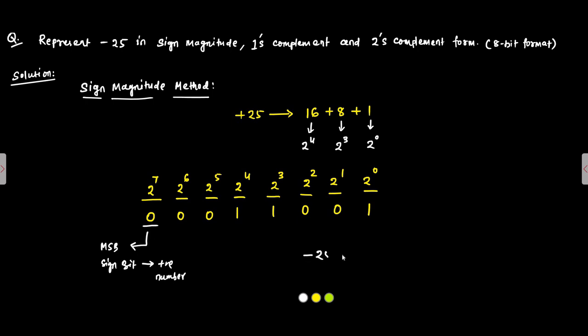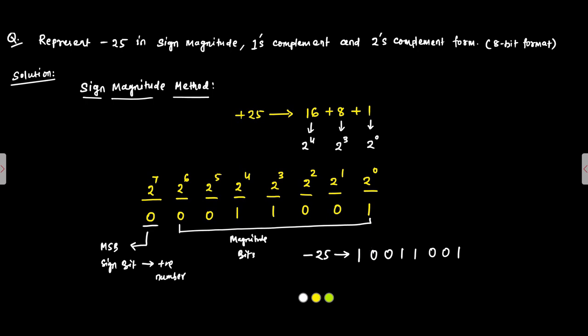The MSB bit will become 1, and all the remaining magnitude bits will stay the same, that is 0 0 1 1 0 0 1. So 1 0 0 1 1 0 0 1. This is the representation of minus 25 in sign magnitude method.